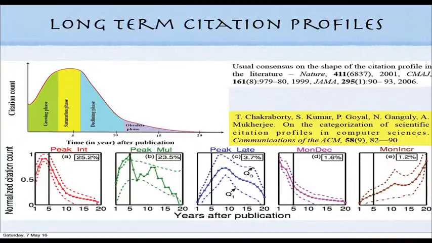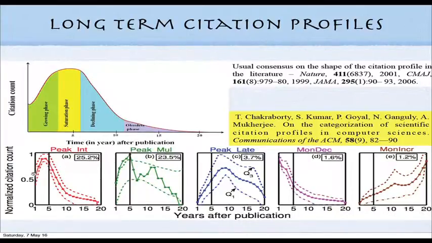However, since we had this huge data set, we tried to further reinvestigate whether this phenomenon is true across all papers. What we observe is that the scenario is not so straightforward.